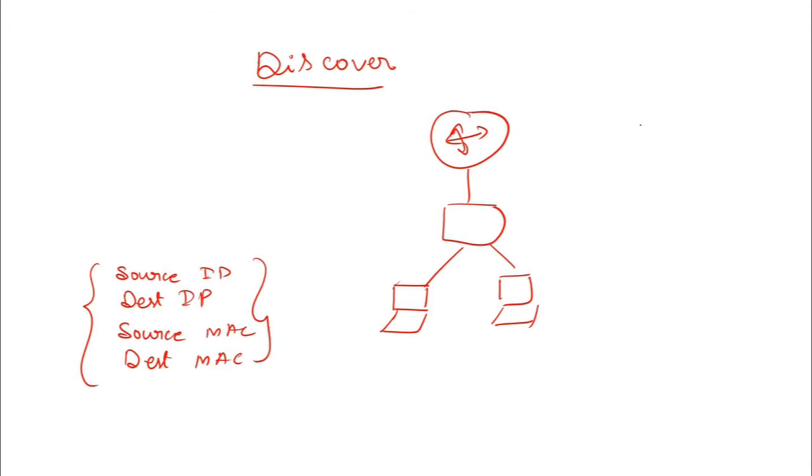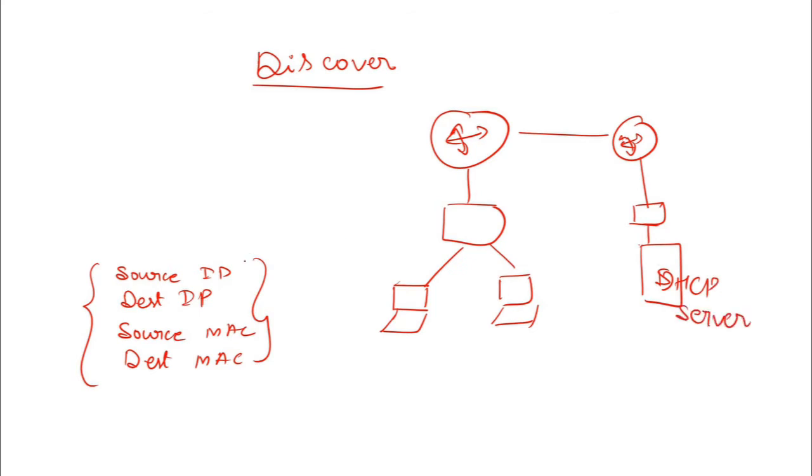Let's suppose we have other routers connected over here, and there might be some other switch somewhere in between, and there might be some server here as well. That can be our DHCP server, right?